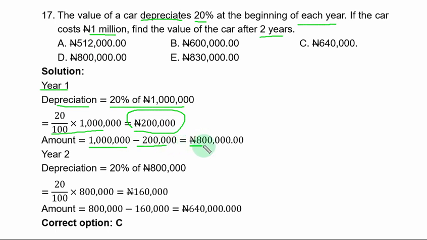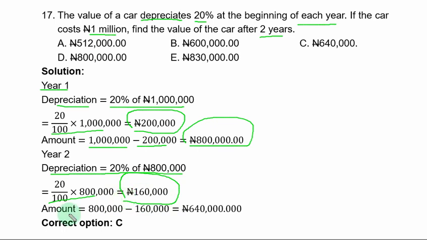So amount at the end of first year is the cost 1 million naira minus depreciation amount 200,000, and that gives 800,000 naira. This amount becomes the correct amount at the beginning of second year. So you get the depreciation of that amount, which is this. You express it in this form, and that gives 160,000 naira.